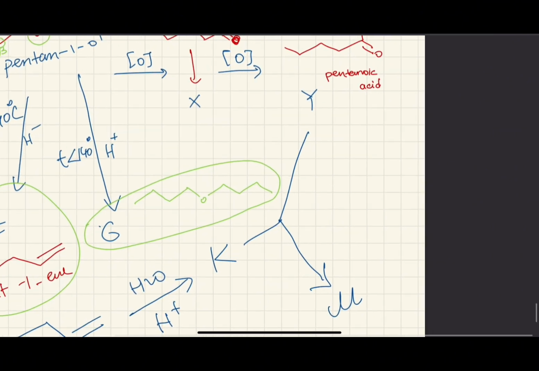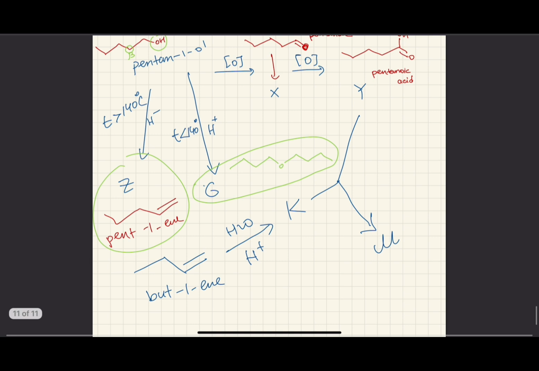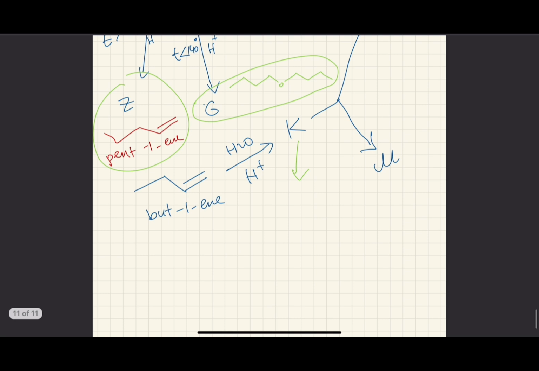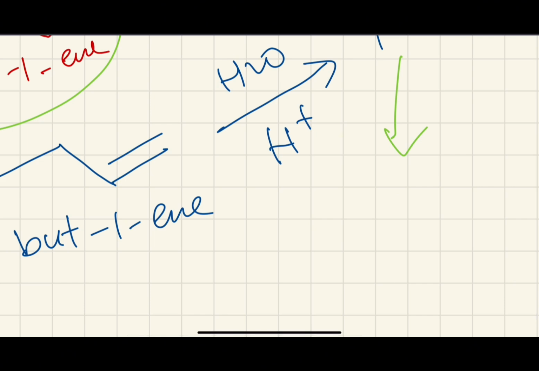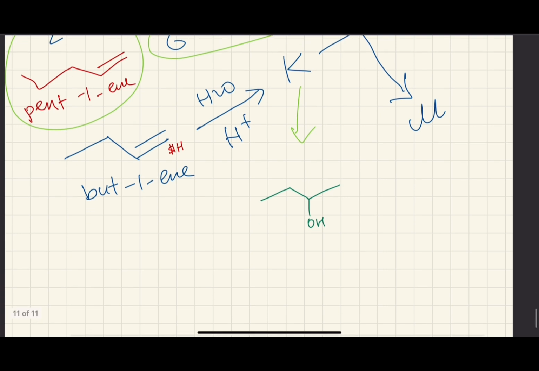And then if I grab K and Y and combine them together, I need to get the K first, sorry, I didn't get the K. So if I do hydration, I know that it will go according to Markovnikov's rule. So this side is richer with hydrogen, so I'm going to add the hydrogen there. So my K is going to look like this, right?